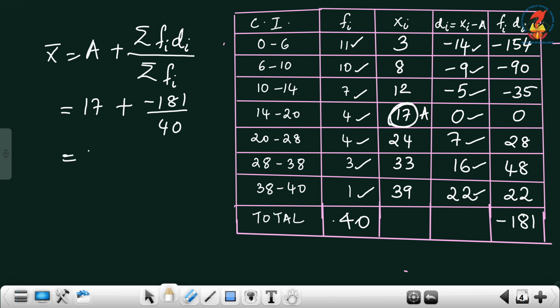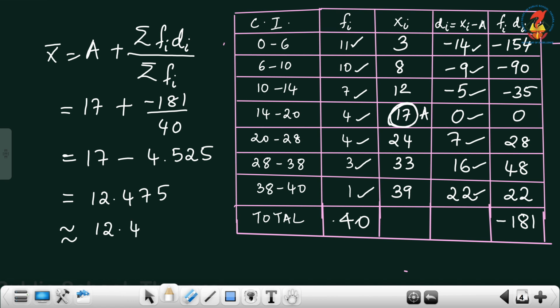And when I divide, I will get 17 minus 4.525. After subtraction, it will be 12.475. If I want to take 2 decimal places, it will be approximately 12.48.